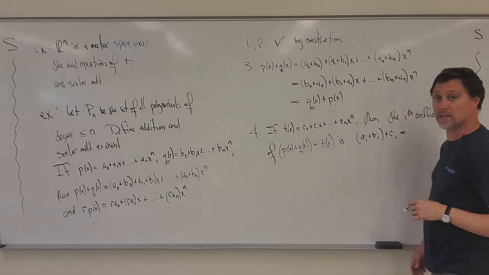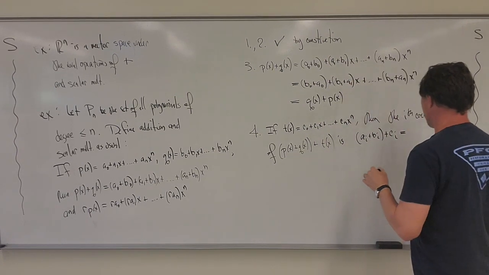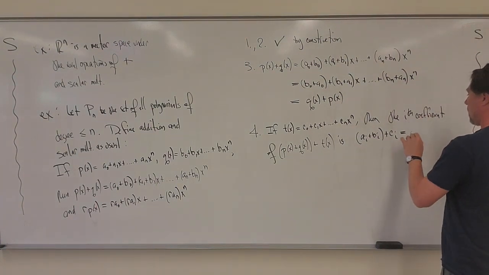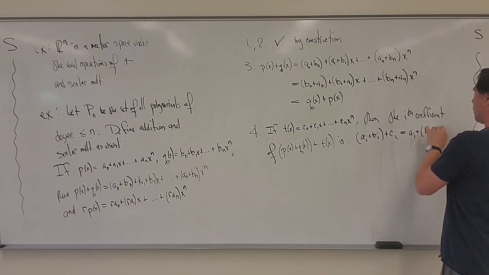This, because addition of real numbers is associative, is equal to a i plus (b i plus c i).